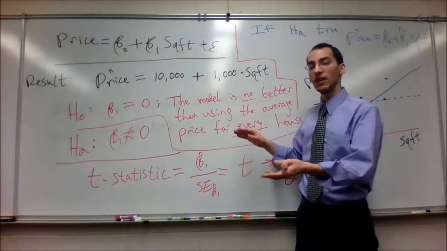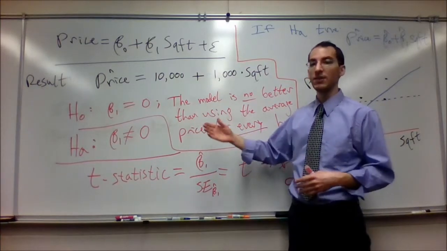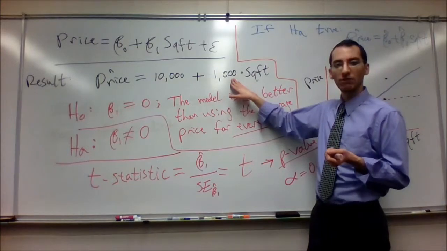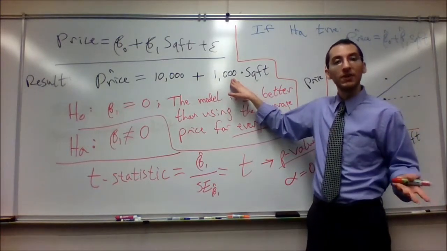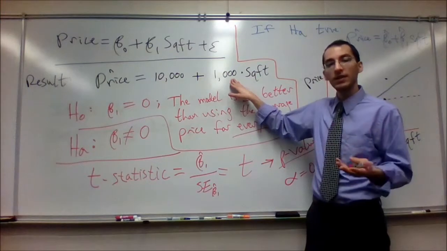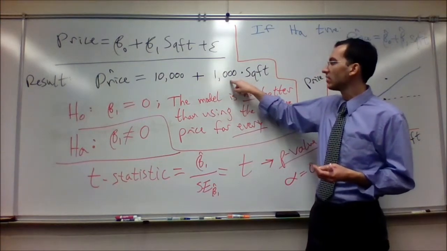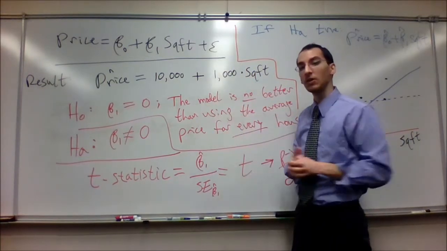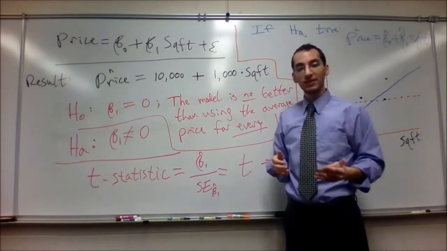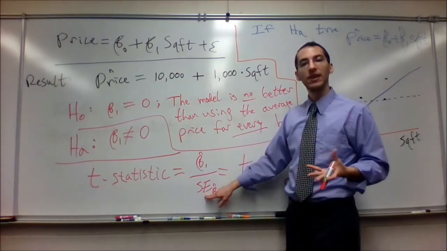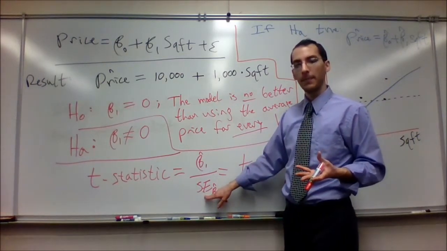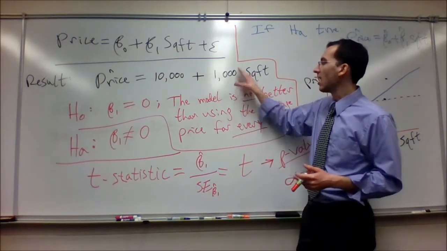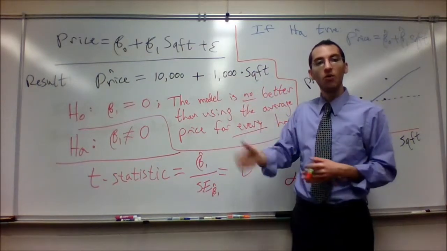Or if I did it a third time, a fourth time, a fifth time, would I always expect to get 1,000 as my slope coefficient? No, because there's sampling variability, there's randomness, there are all kinds of factors that cause this slope coefficient to vary depending on which sample I'm looking at. And we measure that sampling variability with the standard error. So the standard error is just saying how much I expect my slope coefficient to change over repeated samples.